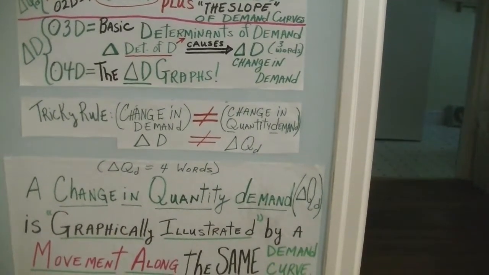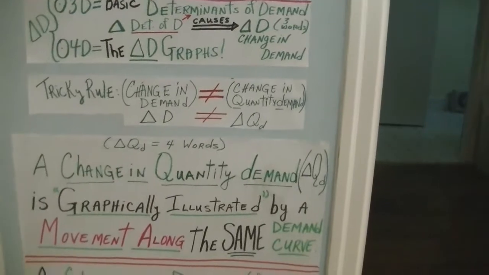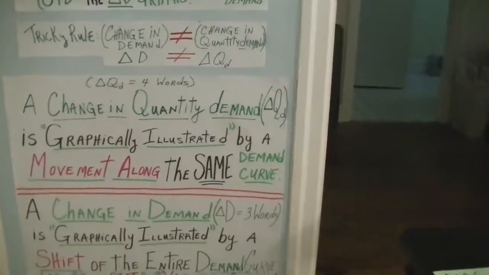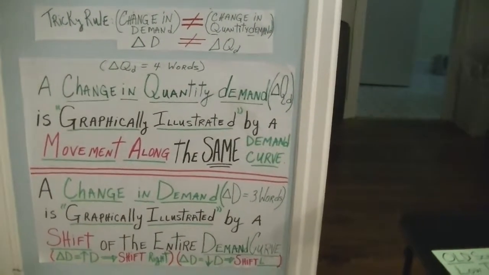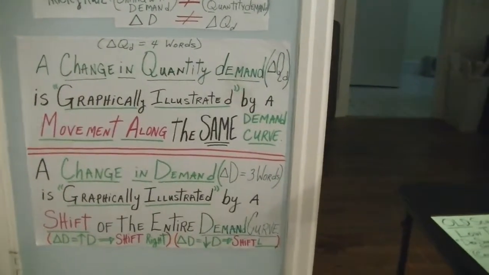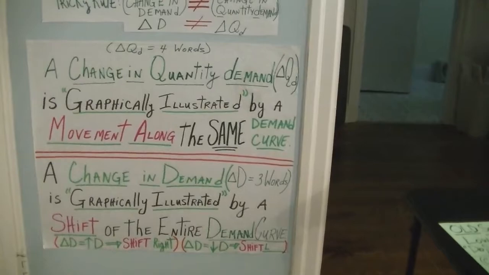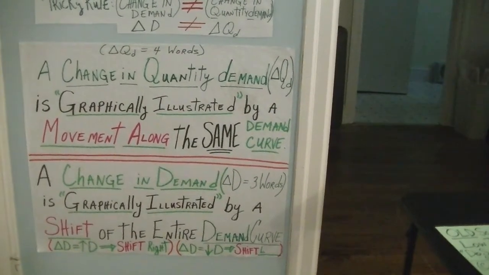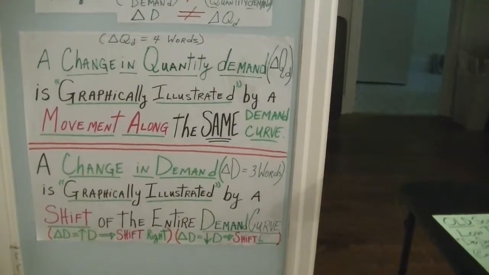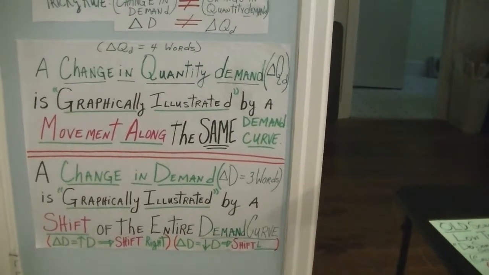So 3 words versus 4 words means totally different stuff in the model. And there's a quick look about what it means, and you can keep that in mind, especially if you're doing this to really work with me and try to take notes. You want to be able to write that stuff down, those phrases and what they mean graphically.